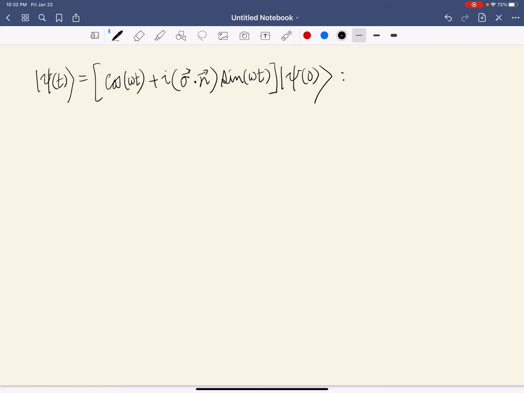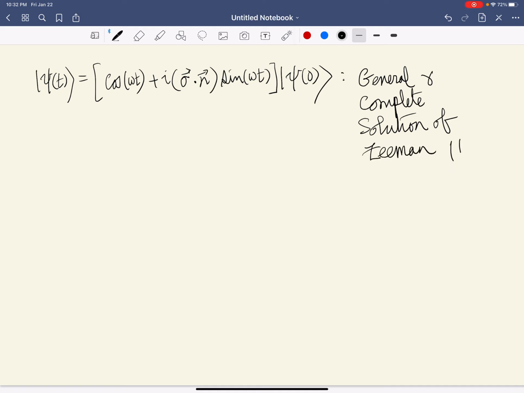So this is the most general and complete solution of the Zeeman problem, or Zeeman Hamiltonian.